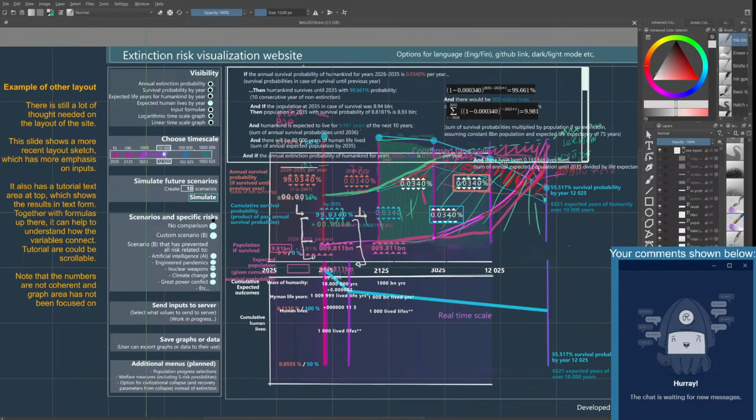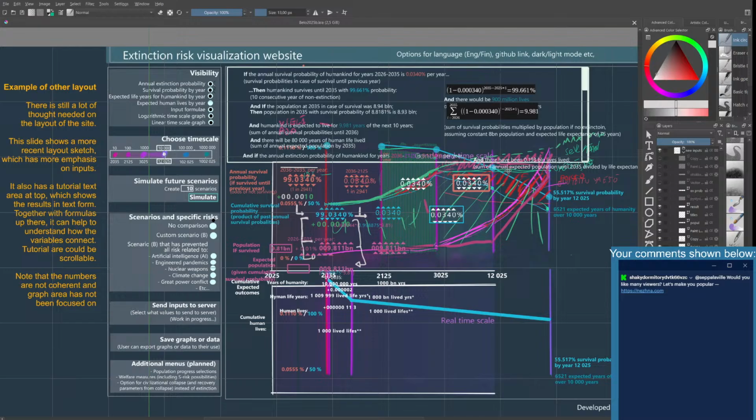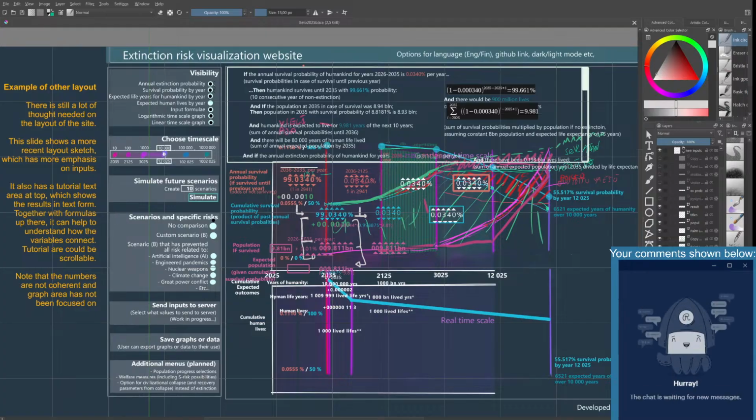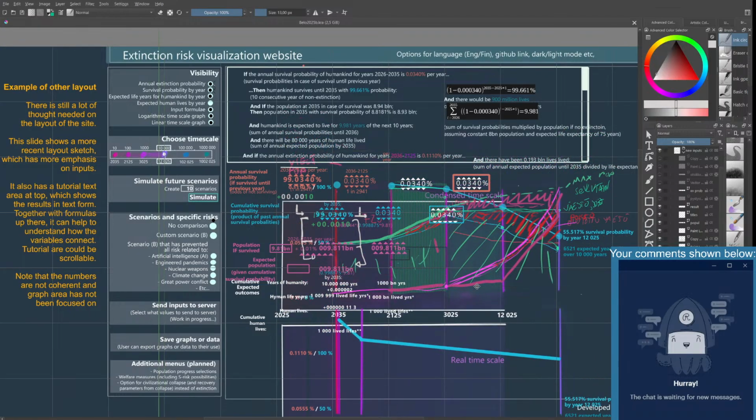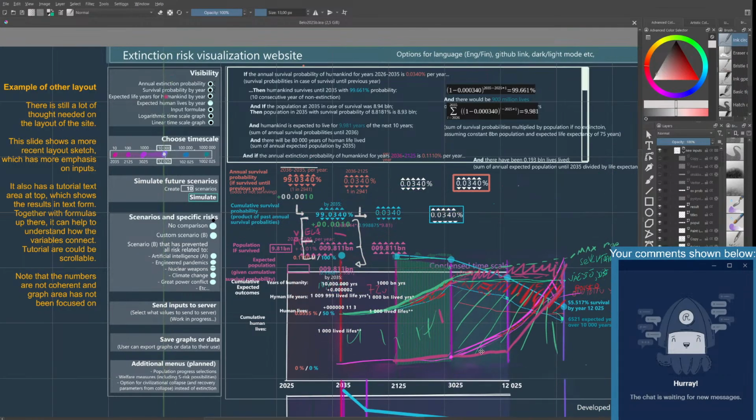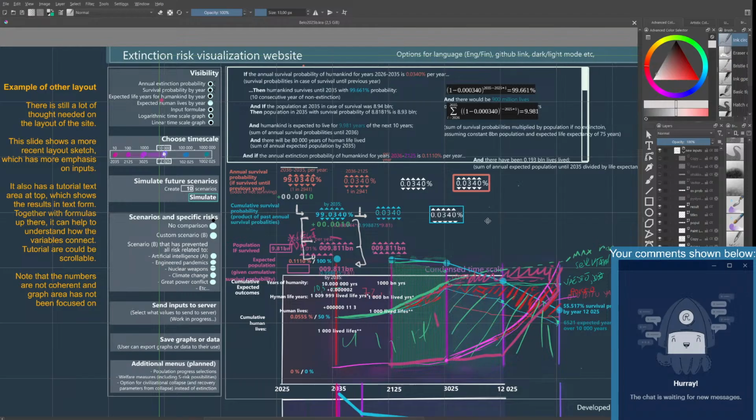I have these graphs here that show the results with the x-axis showing the time, and I think I will still keep them on the site, but they would be lower on the site.